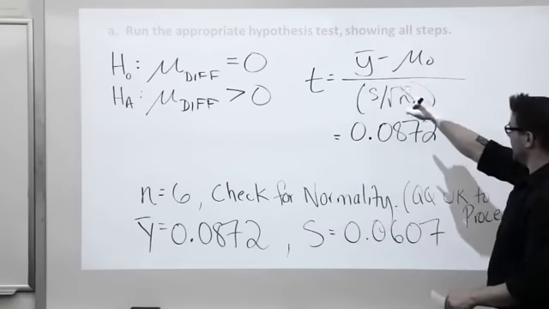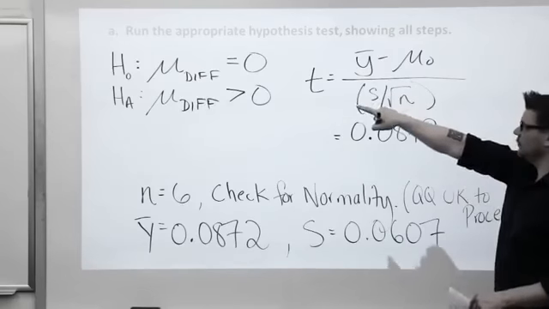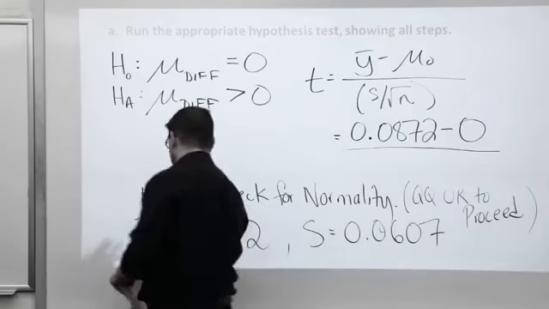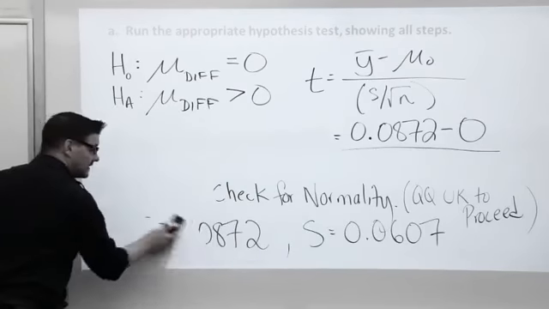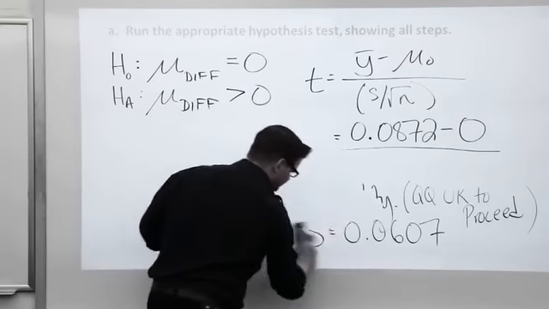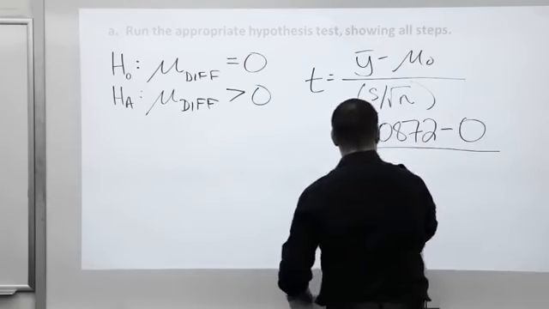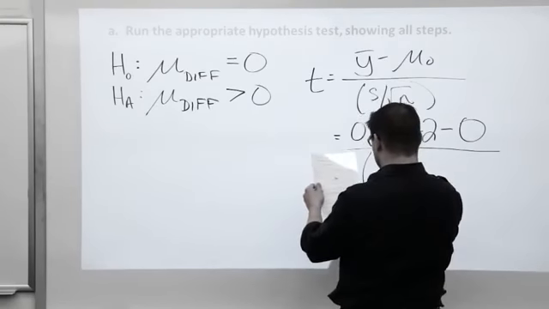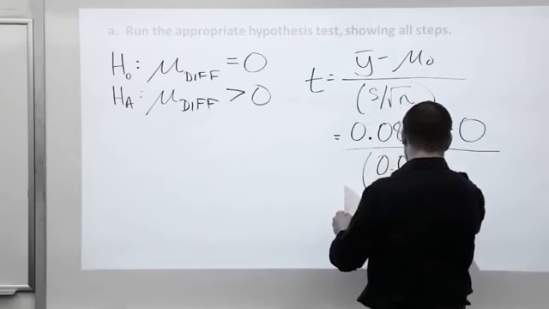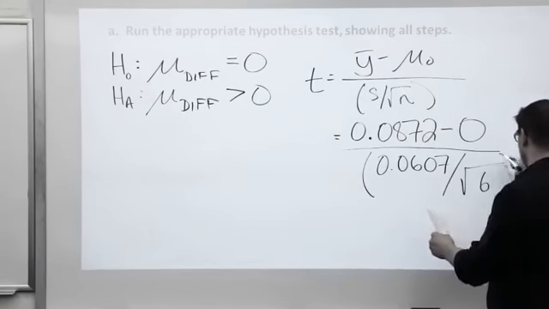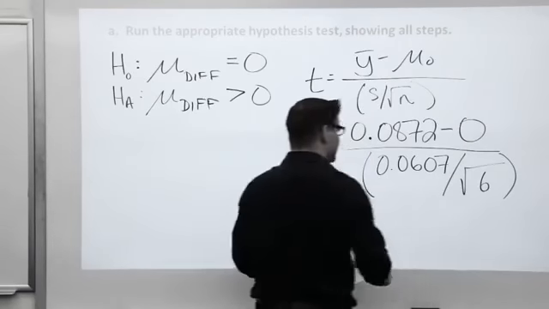0.0872 for y bar. Subtract off 0, we're testing for any kind of difference. All right, that gets divided by S over square root of n. And so down here, let's see, what was S? 0.0607 divided by square root of 6.